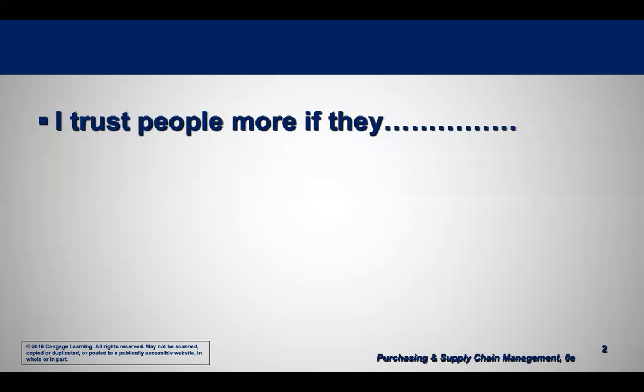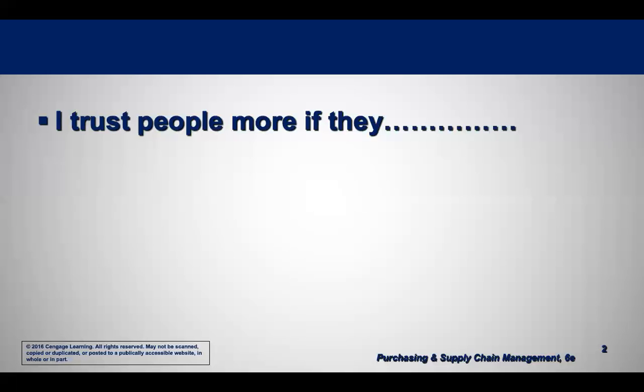Because what we find, and we'll see it later today, is that a lot of the time we spend negotiating a contract, the effort we spend is because we basically don't trust the other person. And so we think we must get it in writing, and the terms must be more in our favor than in the other side's, because I don't trust that they'll do what they said they're going to do.